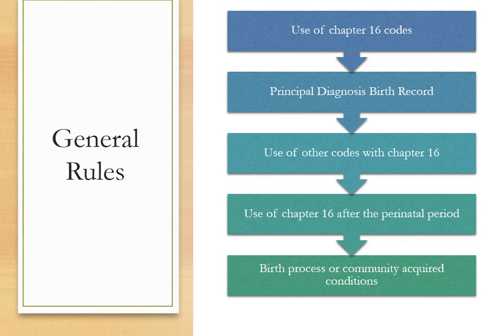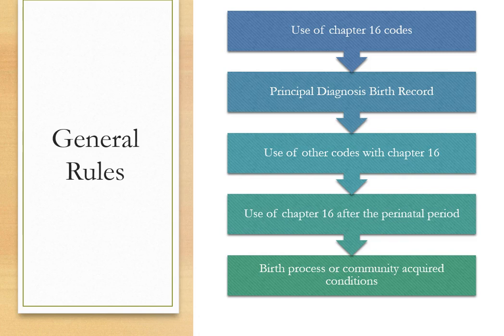Now, if the newborn is transferred to another institution, a code from Z38 would not be used by the receiving hospital. And let me explain why. The baby is only born once.